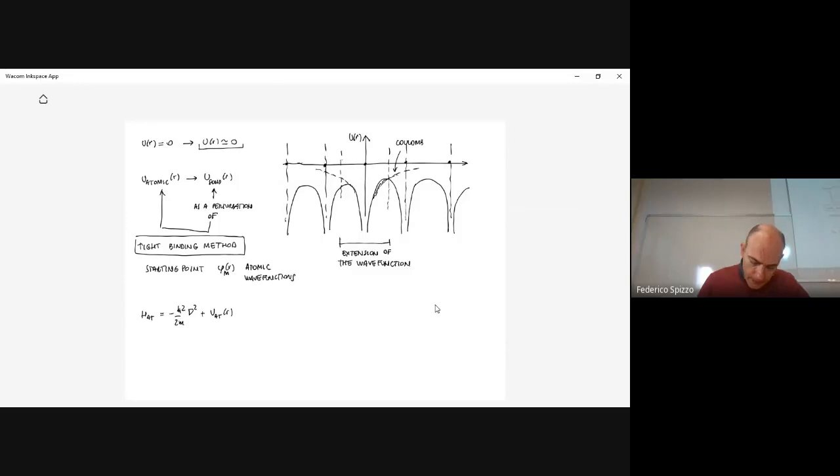In this case, we may rewrite the problem. So the idea is to solve the second Hamiltonian, in case the U is not the atomic potential, but is the solid potential, just by rewriting this Hamiltonian as we sum and subtract the atomic contribution.